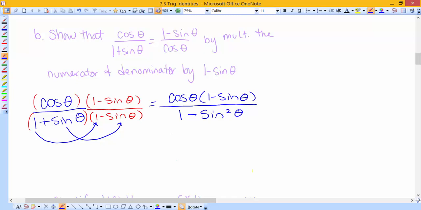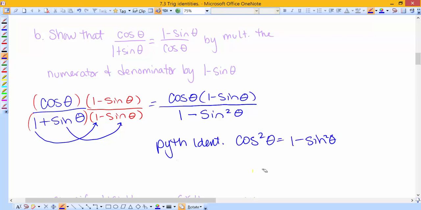So if I use the Pythagorean identity, oh my gosh, I cannot spell. So if I look at a Pythagorean identity, I have one that says cosine squared of theta equals 1 minus sine squared theta.